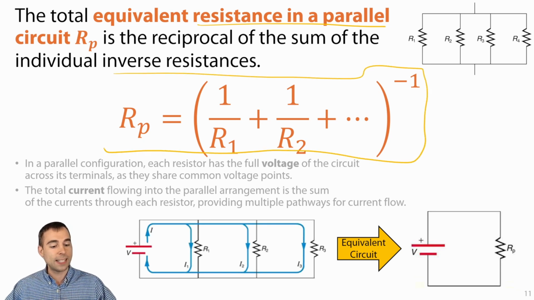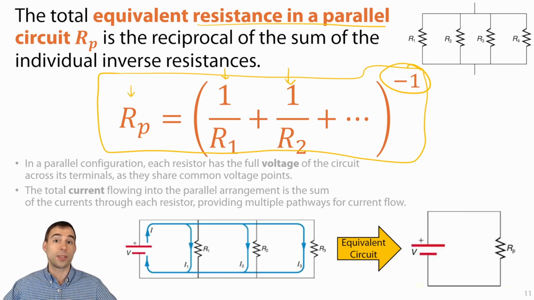This was basically the same formula for the capacitance in series, except for now we have resistors in parallel. And the idea is that for each resistor that we have in parallel, we will invert the individual resistance values, add them together, and then re-invert the total of what we get in the parentheses there to get it back into units of ohms and figure out the total resistance of a parallel connection.